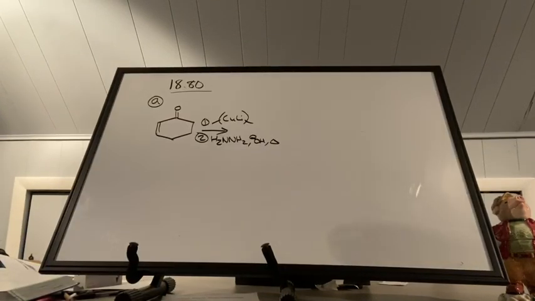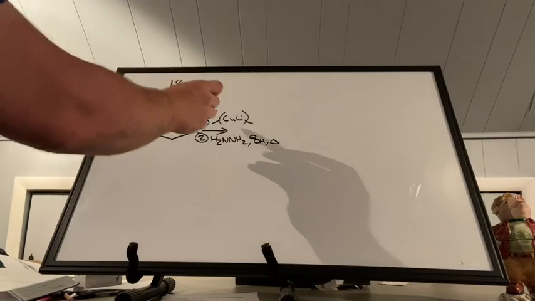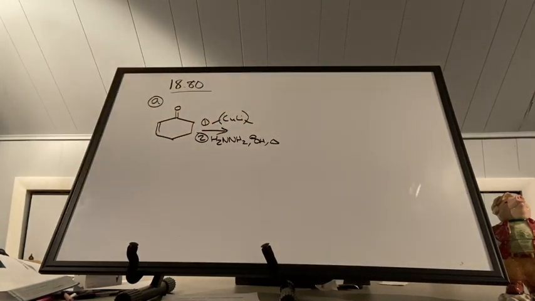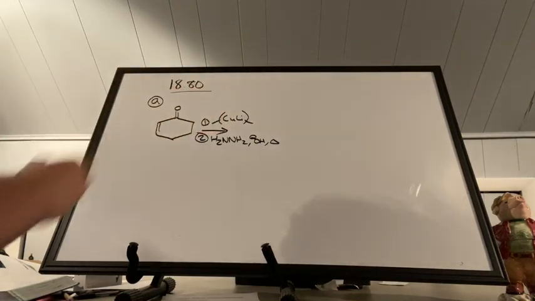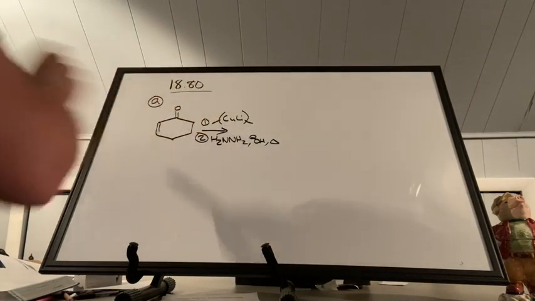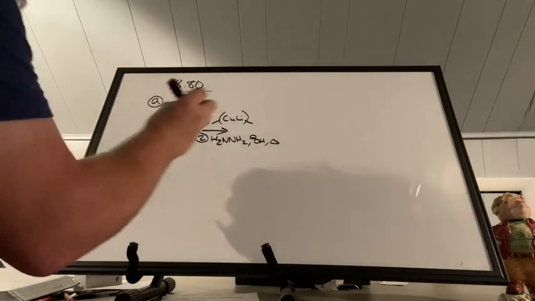Okay, so problem 18.80, page 941 in your text. So this is a lithium cuprate reagent. Remember, that's going to add whatever alkyl, one of the alkyl groups that are hanging off of it, from the organometallic compound. It's going to go conjugate addition.